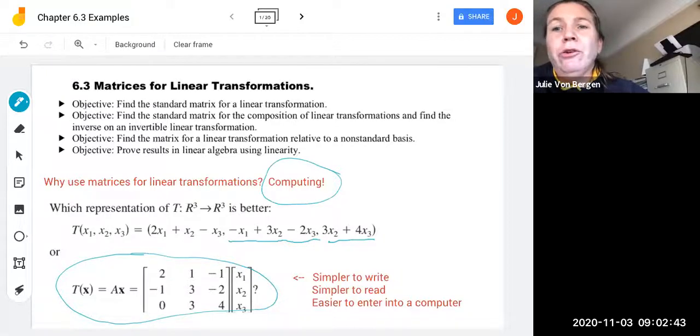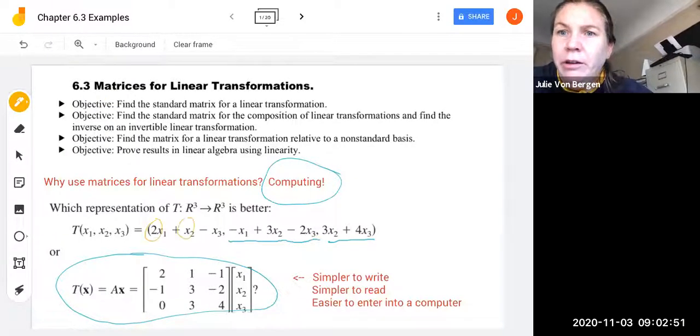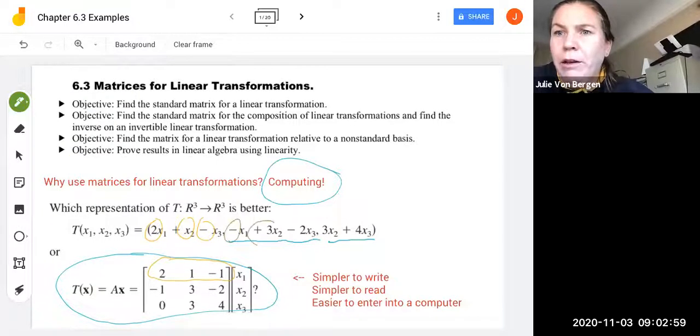If you take a look at this, you might notice that the coefficients from the first part of the function show up in the first row, and the coefficients from the second component of the function show up in the second row.